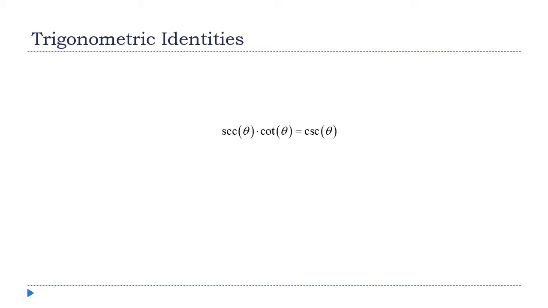And the way we do that, and it's a little bit rigid, is you need to work on one side of the equation and only one side. Usually that's going to be the busier of the two. So I'm going to start by manipulating the left side until I have made it equal to the right side. It's really important that you do it this way. You could theoretically get away with manipulating both sides, but there are all sorts of pitfalls you can fall into.